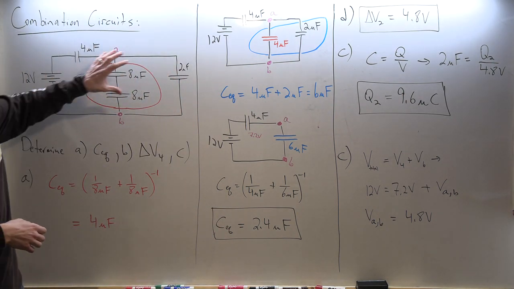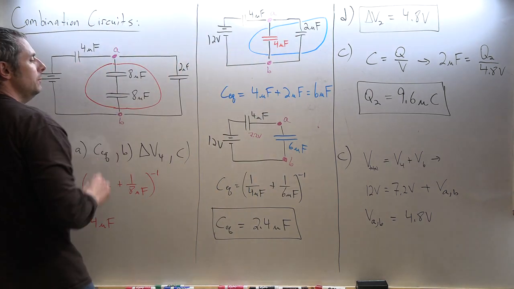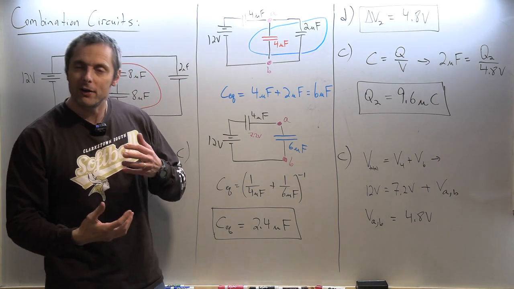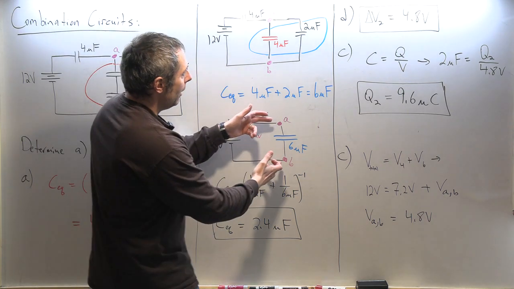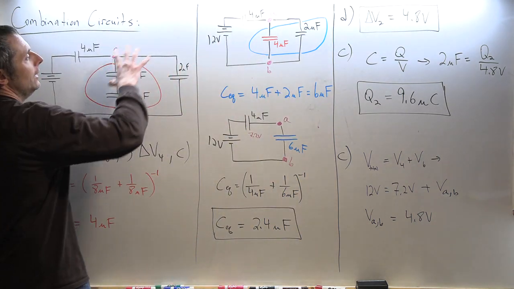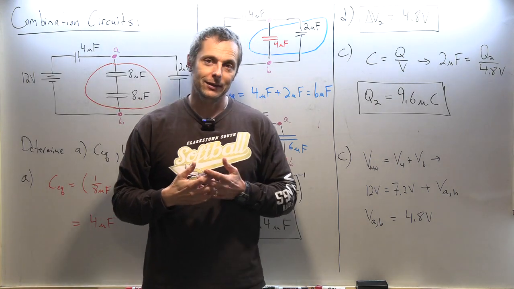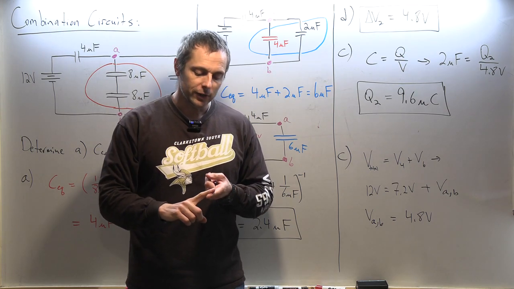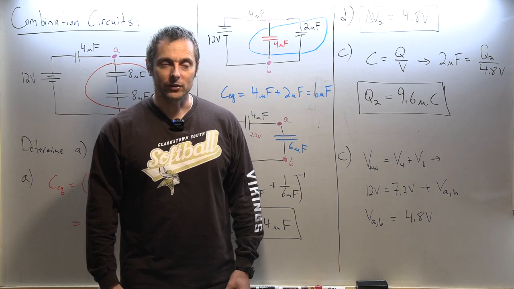Then to find the charge and voltage in any piece, you have to go back to your intermediate diagrams and figure out voltages and charges wherever you can, kind of like a little puzzle. And then think about where those points are throughout your diagrams until you solve what you need to. So that's series and parallel circuits and combinations of capacitor circuits.